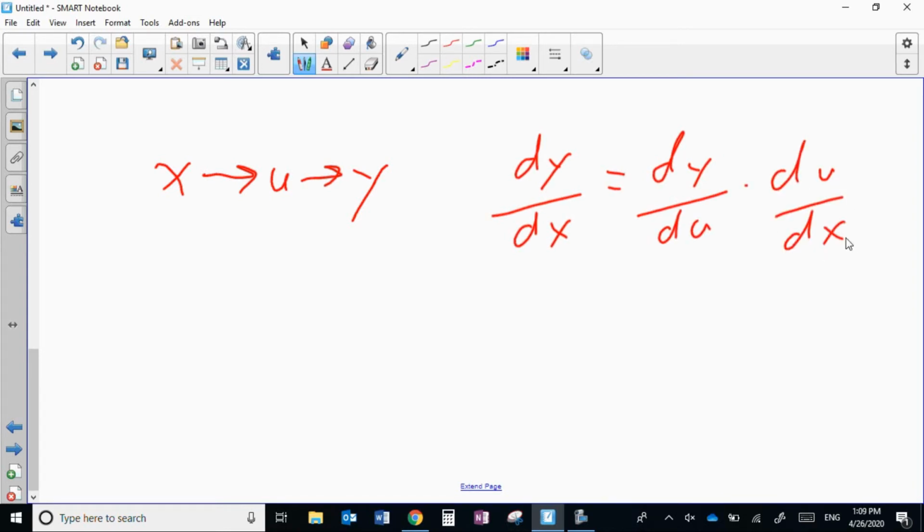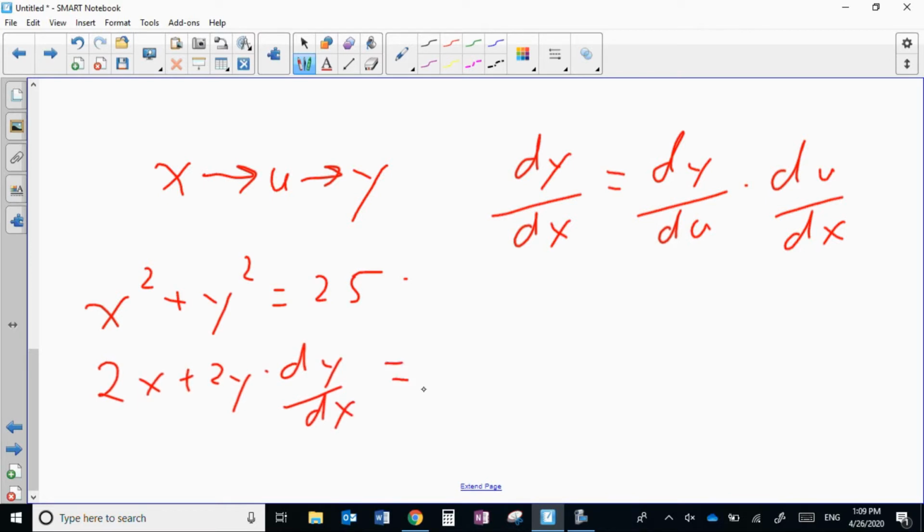Well, how does that apply when we have x squared plus y squared equals 25, and then we say 2x plus 2y times dy by dx equals 0? What we actually have in this case is three different variables, if you will, or different functions within a function. x is input to y. You could think of it that way anyways.